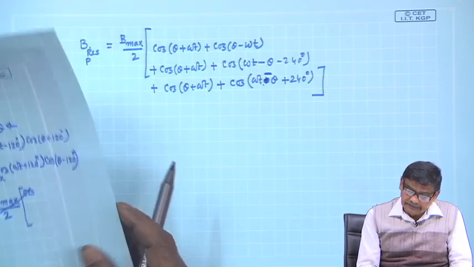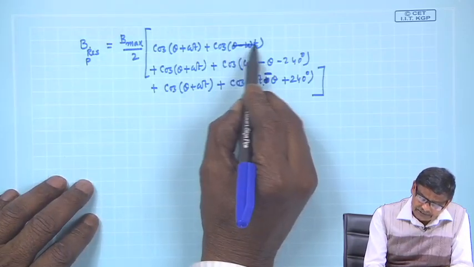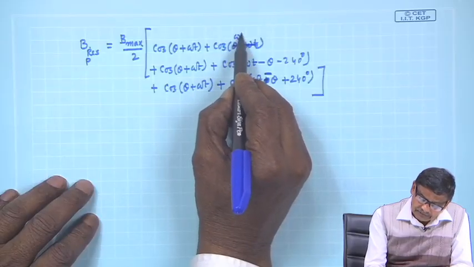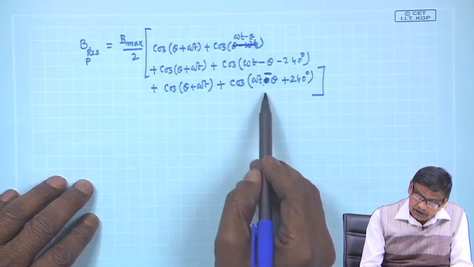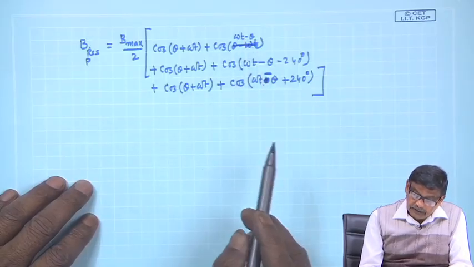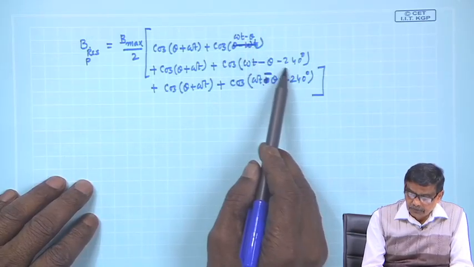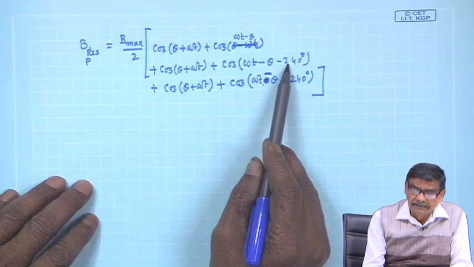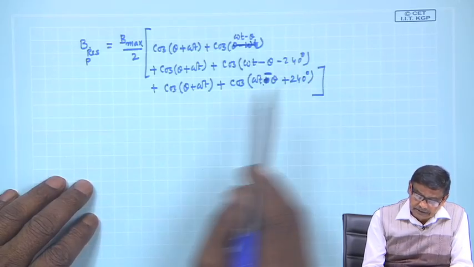Now, these terms, if you look at, theta minus omega t is the same as omega t minus theta, the first term. So, these three will always add up to 0, because they are phase displaced by 240 degree, means 120 degree. You can add 360 degree here and you can subtract 360 degree here.